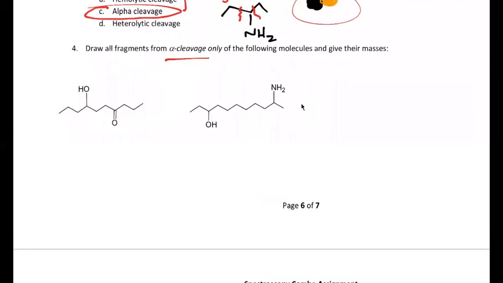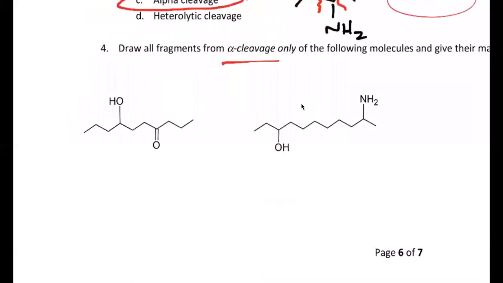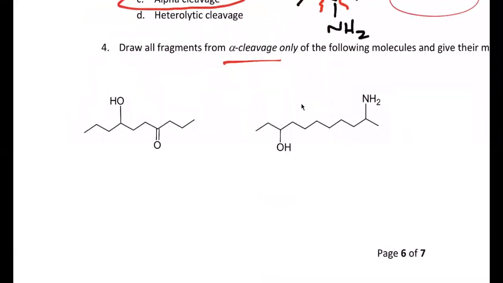So the way you approach a problem like this is to find the functional group, which is right here. And then the bonds to the left and to the right are the bonds that get cleaved. So you'll break that bond, and then you'll break that bond. And for the ketone functional group, it's the same idea.